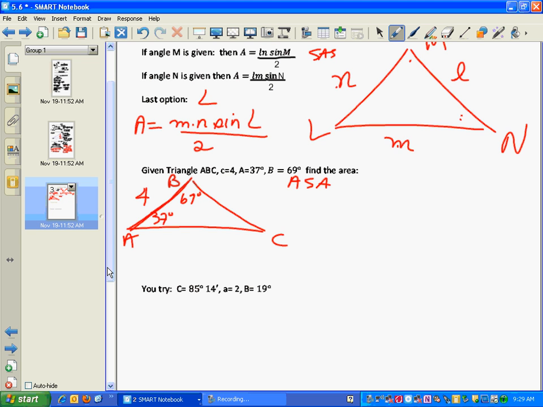So for example, I can do this, because this allows me to use side 4 without dividing it in 2 parts, right? And that allows me to use angle 37 degrees as my given angle. And I just ignore the 67 degrees at this point to figure out my height.